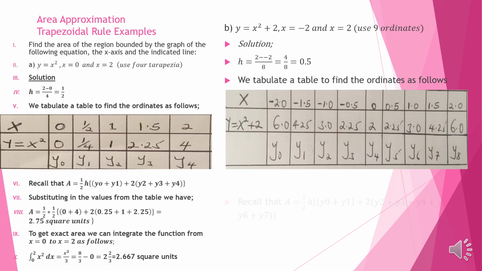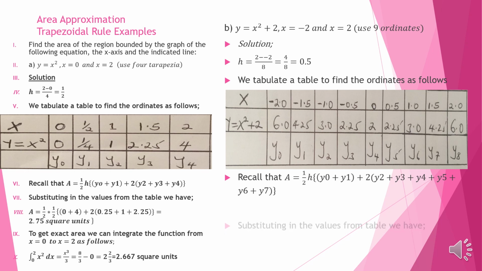Then we recall again the formula for finding the area. Remember, we take y0 plus y8, and then the intermediate heights are summed and multiplied by 2, because they appear twice.